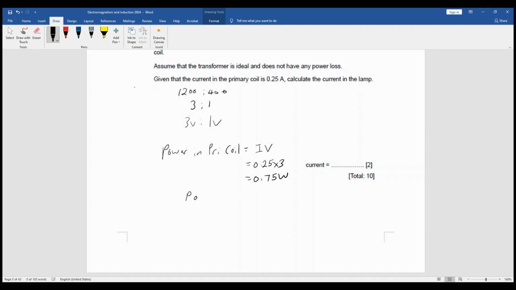So power in the secondary coil is the same because there's no loss. And we know the voltage is 1 volt. Multiply by I, which is what we want to find, 0.75. So your I is just 0.75 ampere. Yep. Simple, easy, 2 marks.